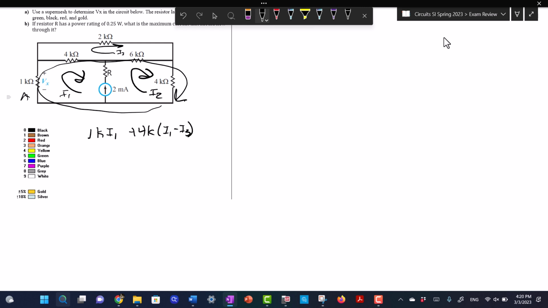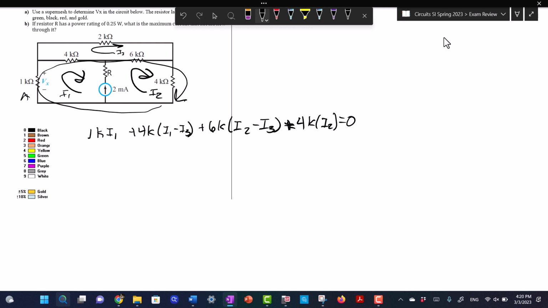And then I'm going around over to the 6 kilo ohm, so I have plus 6K times, now it's I2, that's going in that direction, I2 minus I3, plus 4K times I2 equals 0.